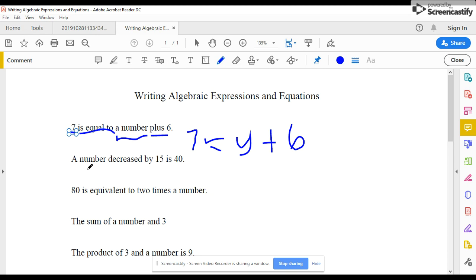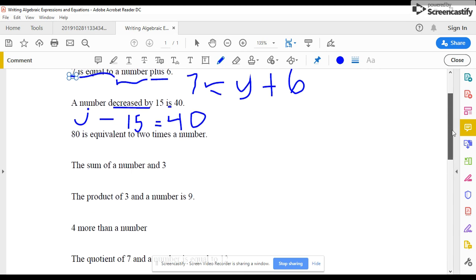A number, so we'll go J, decreased by, which means minus 15, is equals, and 40. And that's it. How about the next one?